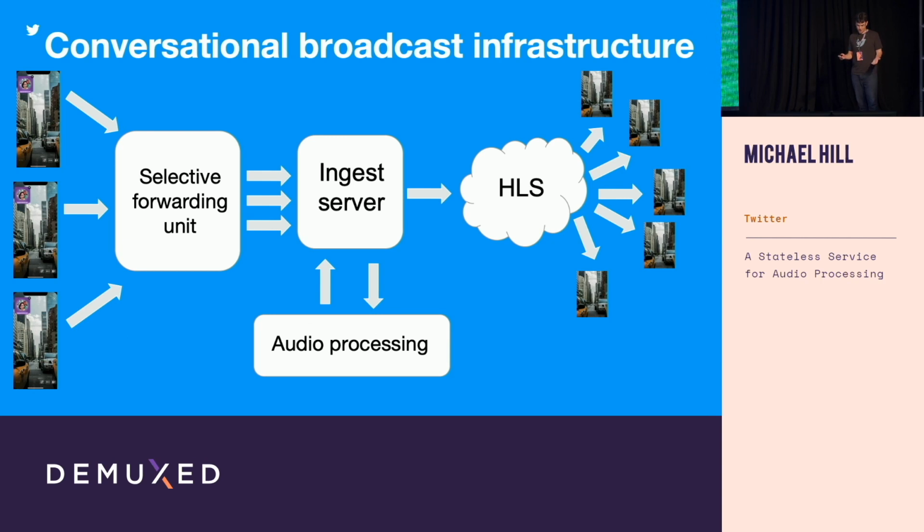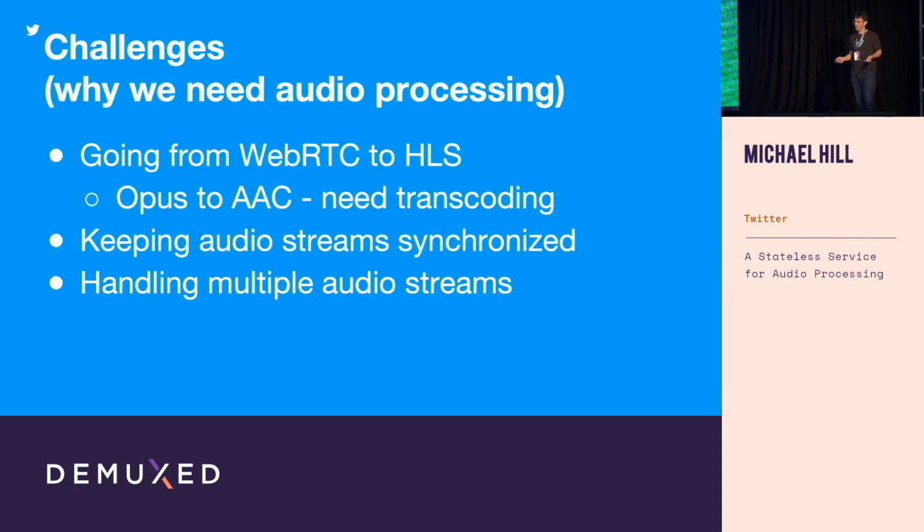So now what is this audio processing thing, and why do we actually need it? We didn't need it before with a single broadcaster. That was mainly because there's one mobile app sending over RTMP, sending AAC encoded audio to our ingest server. And we can take that directly and mux it into media segments, and we don't need transcoding.